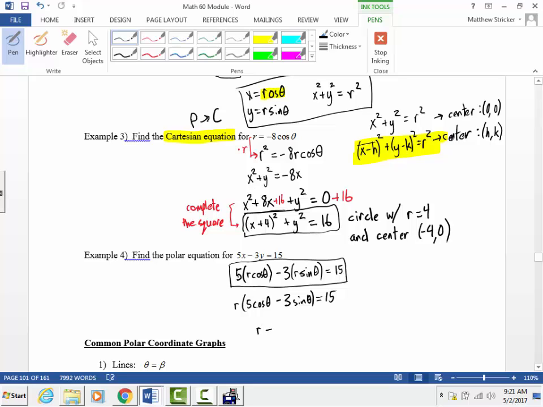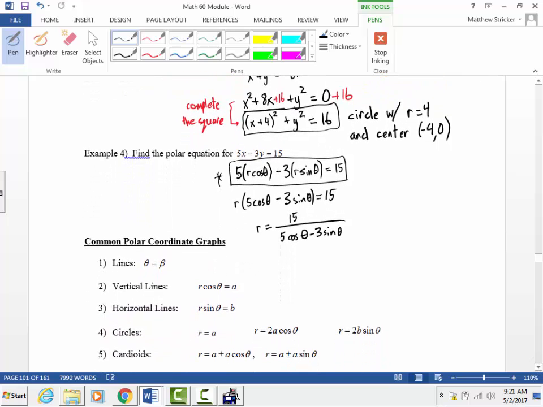So r equals 15 over 5 cosine theta minus 3 sine theta. And you could again put that in your calculator. We're not going to do that with this one, but I believe WebAssign will take this form right here, though, if I ask you that question.